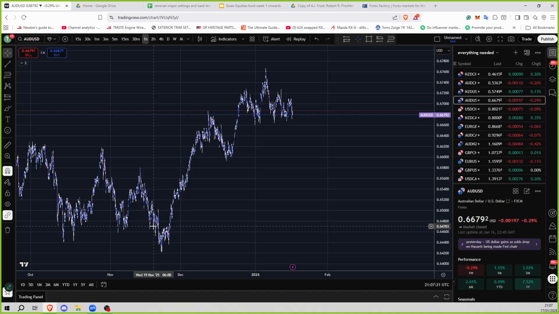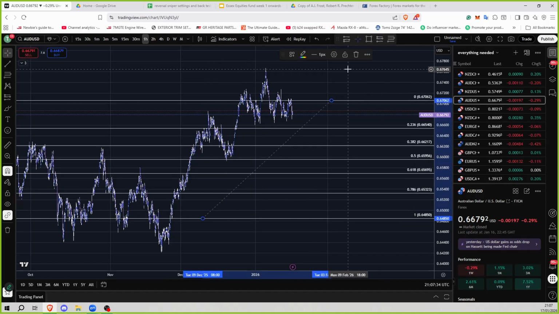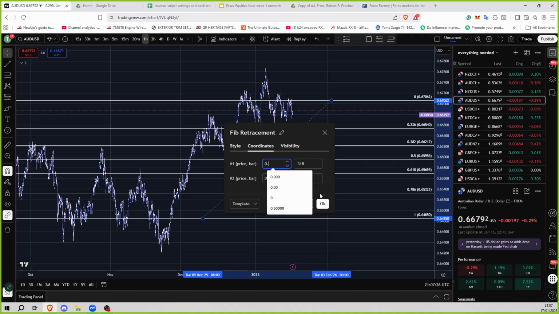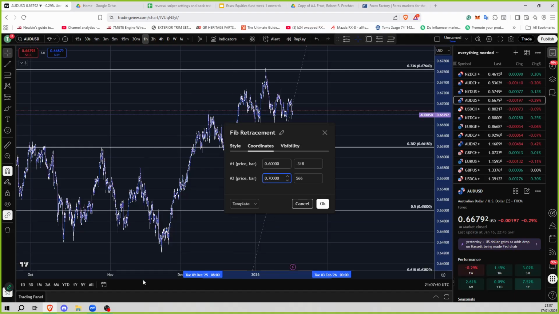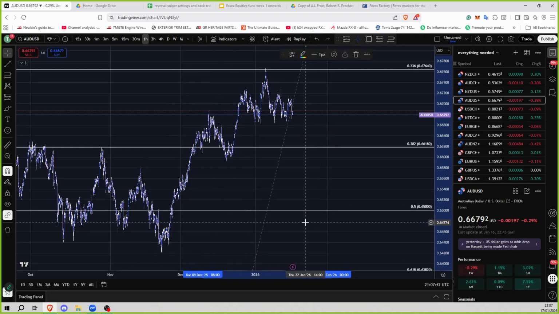So if I'm picking a psychological tool and I'm not drawing it based off the most important psychological numbers, then what am I actually doing? So I might as well pick the big round numbers. So in this case, I'd be picking between 0.6 and 0.7. Like so.